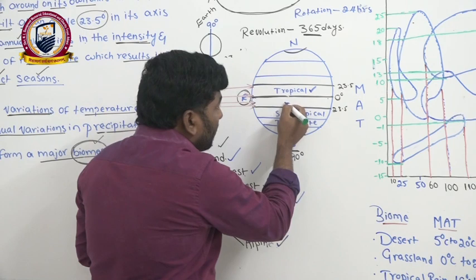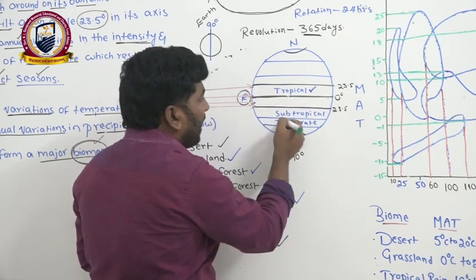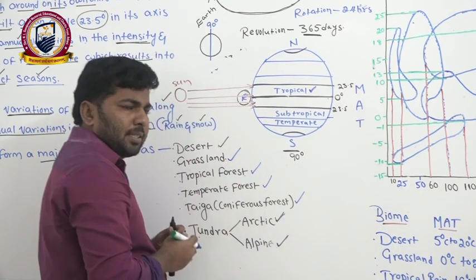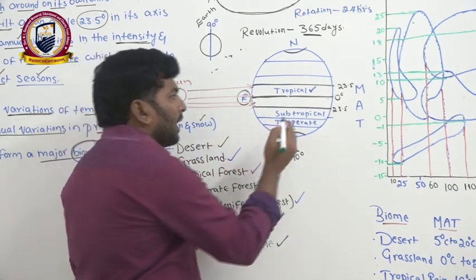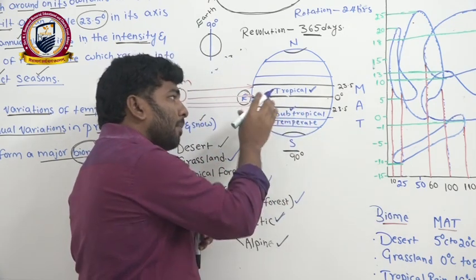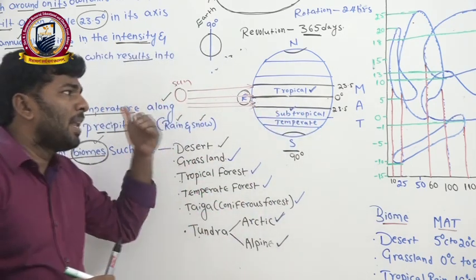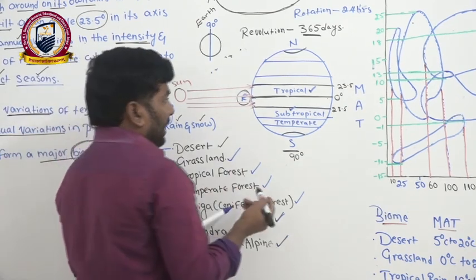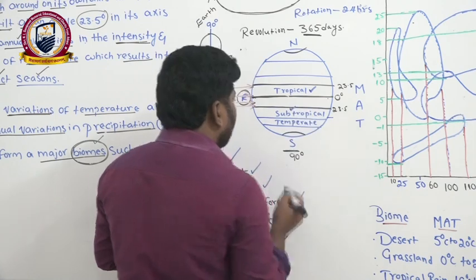Now if we move a little away, about one more 20 degrees of latitude, we get the subtropical areas. Here the temperature is a little less than in the tropical areas.